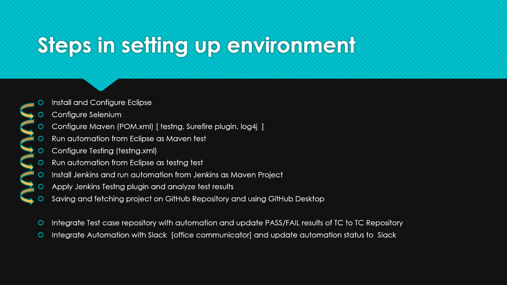So in the last two videos, what we have done is we have installed and configured Eclipse, then we have created a Maven project. We have given dependency of Selenium, TestNG, Surefire plugin, log4j, Maven compiler in pom.xml, and thereby we have set up Selenium and TestNG.